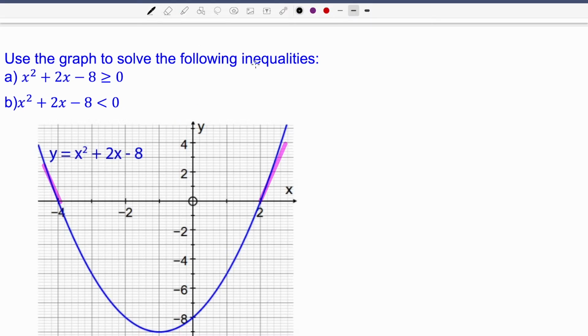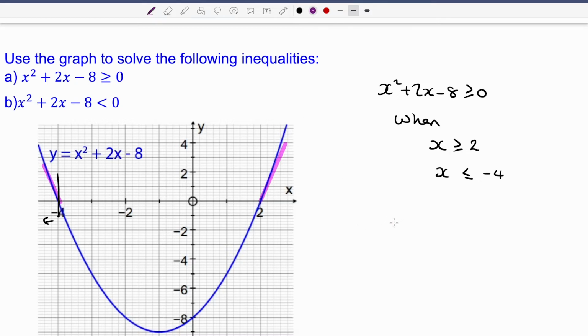So, x squared plus 2x minus 8 is greater than or equal to 0 when x is greater than or equal to 2, and it can be equal to 2 because of this symbol here, and when x is less than or equal to -4, which is from here going in that direction, okay?